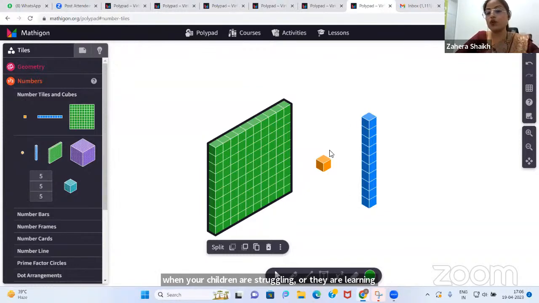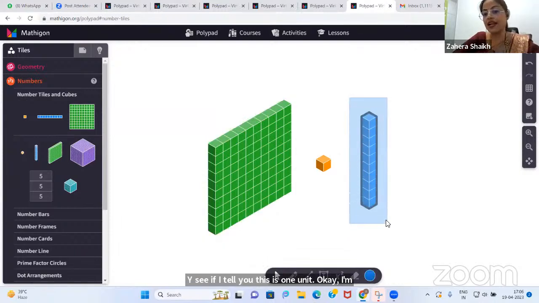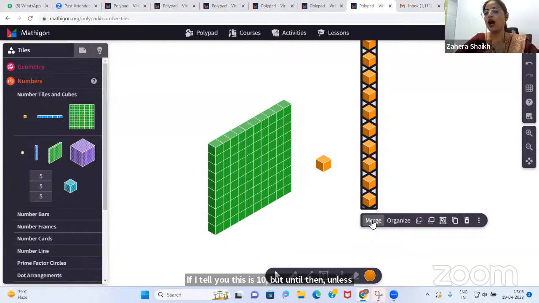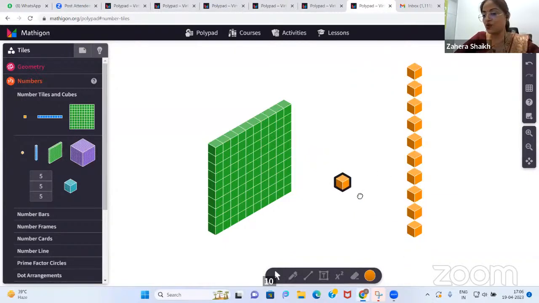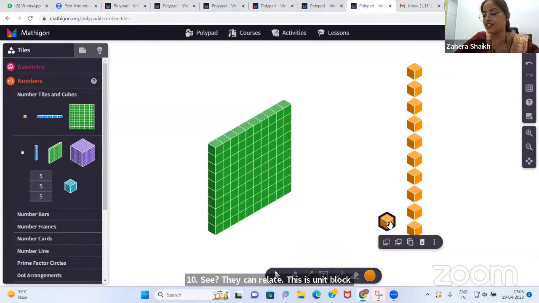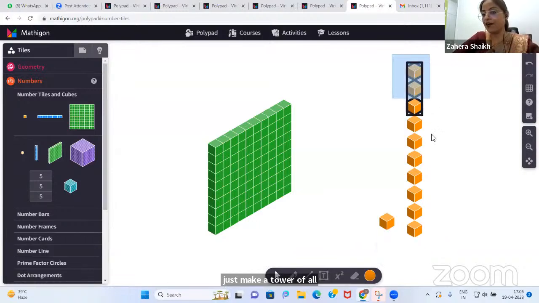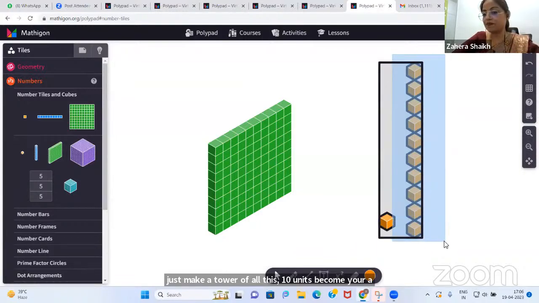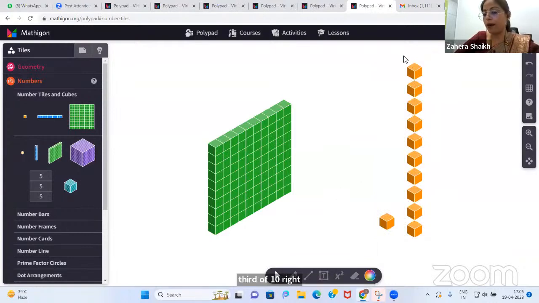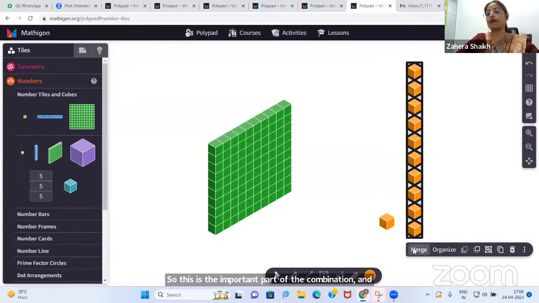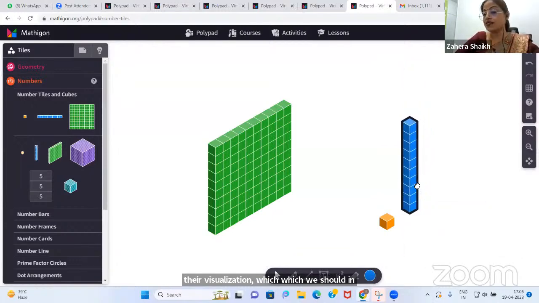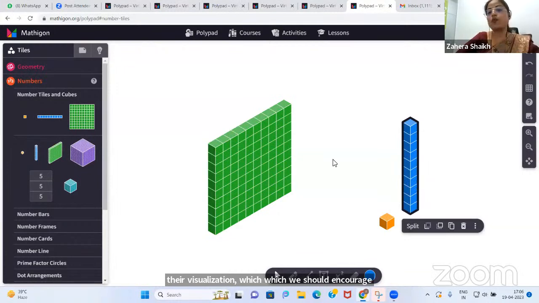Why? See, if I tell you this is 1 unit, I'm okay with this. If I tell you this is 10, but I'm not able to show you how this is 10, they can relate: this is the unit block, and if I make a tower of all these 10 units, it becomes a tower of 10, right? This is the important part, the combination and visualization, which we should encourage them to use in their quantification.